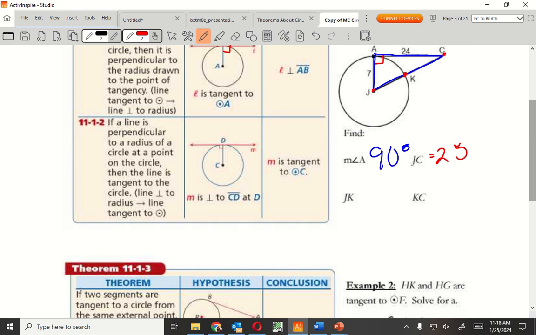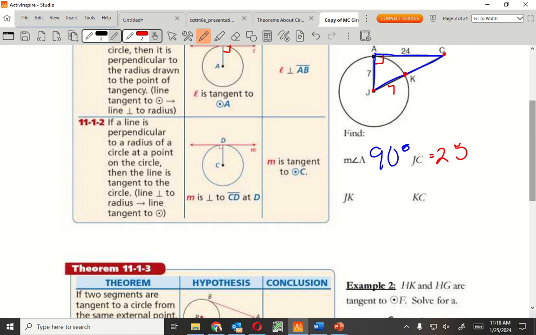If it's a circle, isn't that always the same no matter where we go? So therefore, JK has to be 7 because that's also a radius, isn't it? How do we find 90 degrees? The 90 degrees is up here. So right there, that's where we get that.